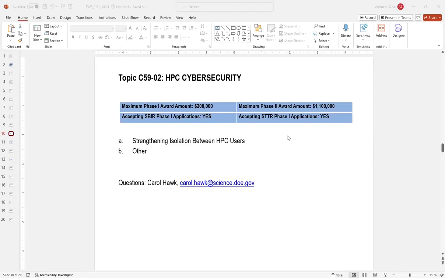In particular, in HPC, the trade-off between security and performance is skewed very heavily toward performance. And so that leaves security holes.